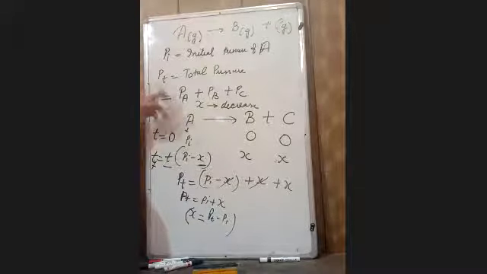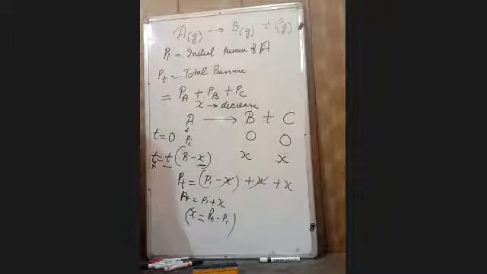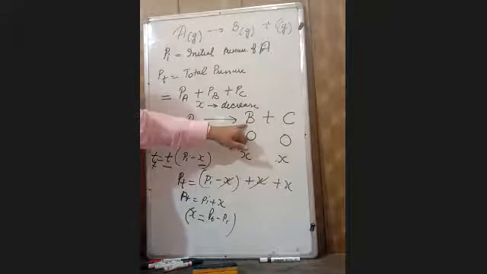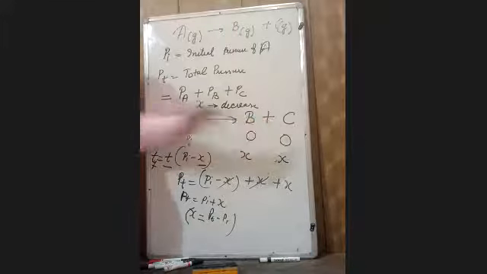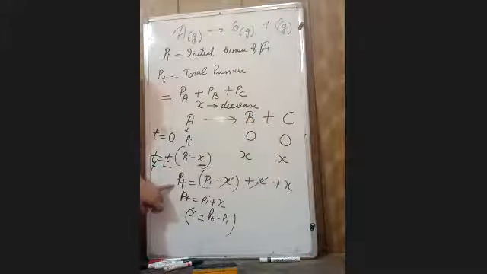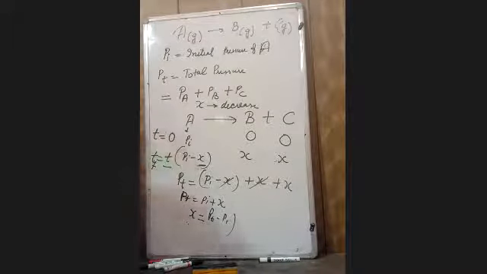So P total is equal to partial pressure of A plus partial pressure of B plus partial pressure of C. If X atmosphere is the decrease in the pressure of A at time t, and 1 mole each of B and C is being formed, the increase in pressure of B and C will also be X atmosphere each, because it is also 1, 1. So I have calculated P total, and after that X, because I want this term. X will be P total minus P initial.